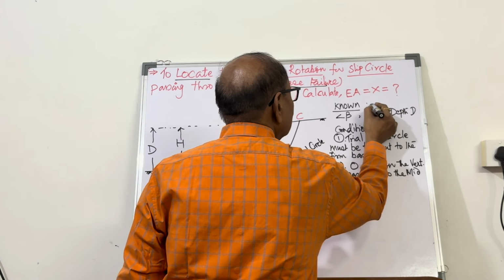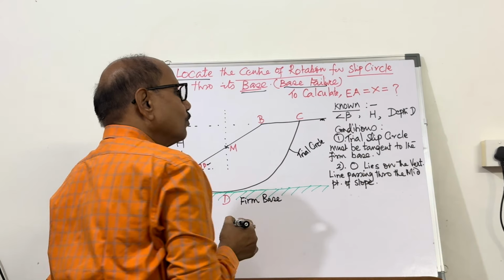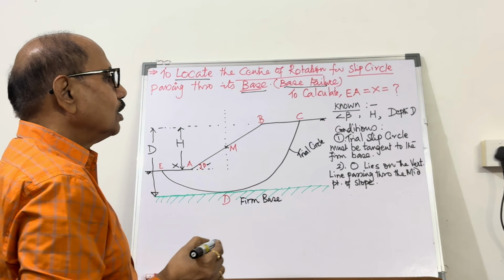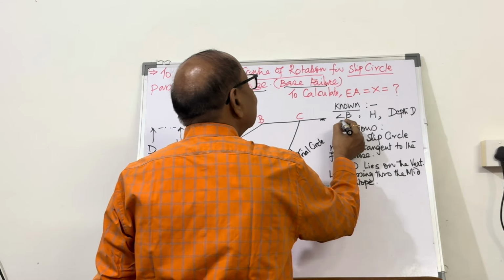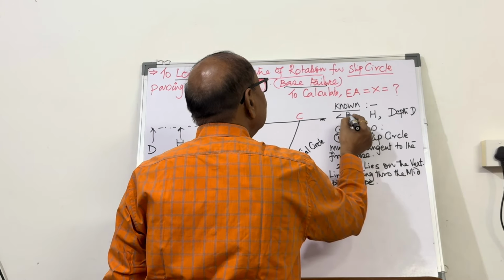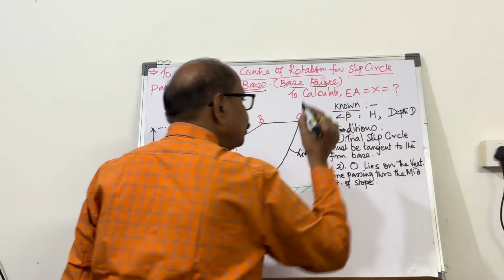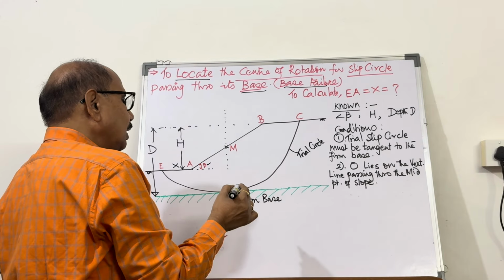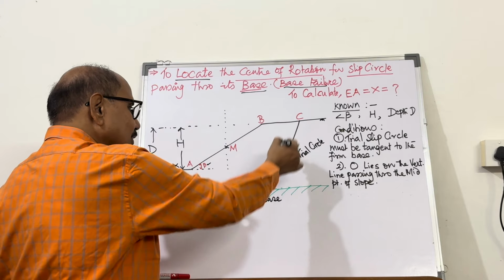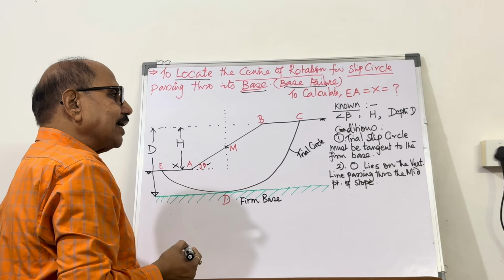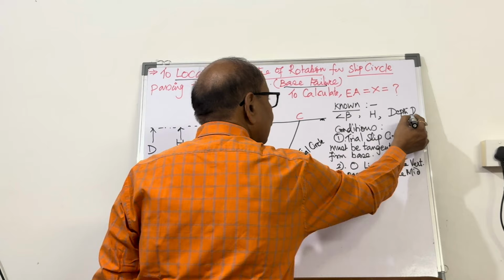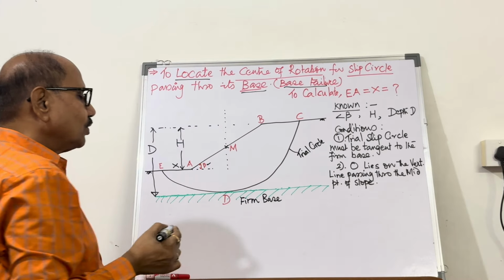So what are the known? The known data are slope angle beta, the height of the slope H, and the depth to which this trial slip circle extends. That depth is called depth D.